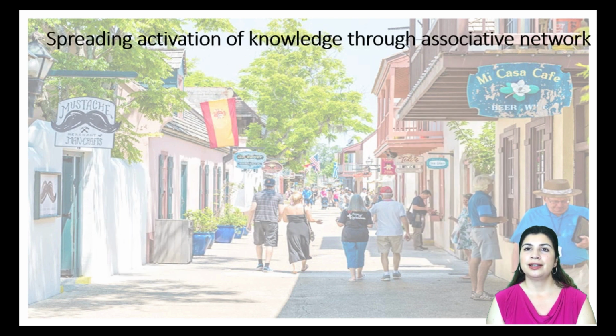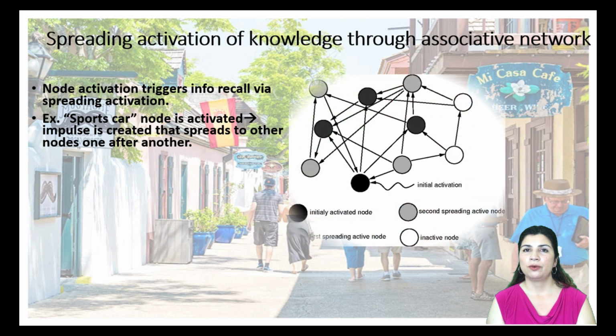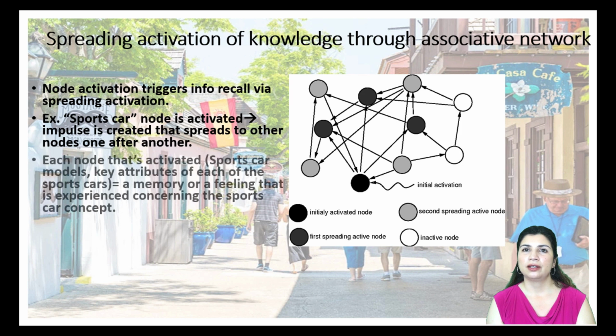When a node is activated, information is recalled via spreading activation. For example, when the sports car node or concept is activated, an impulse is created that spreads to other nodes one after another, and each node that is activated represents a memory or a feeling that is experienced concerning the sports car concept.